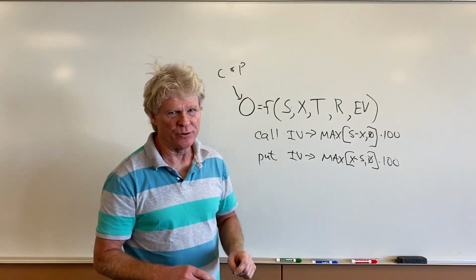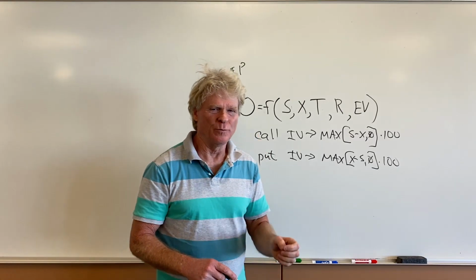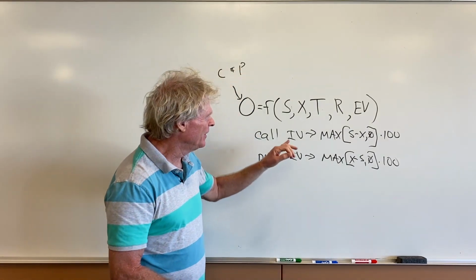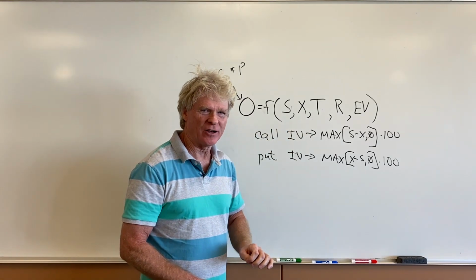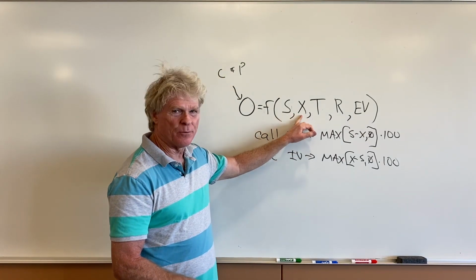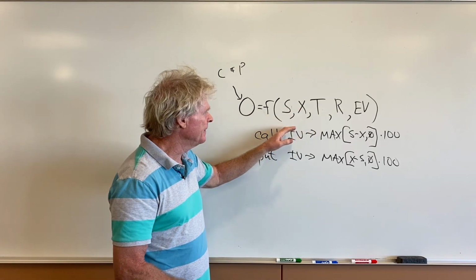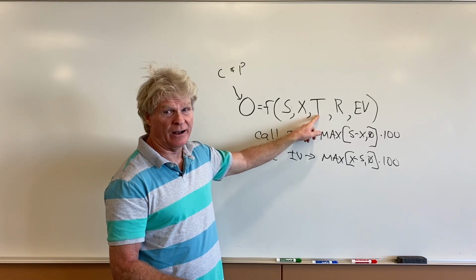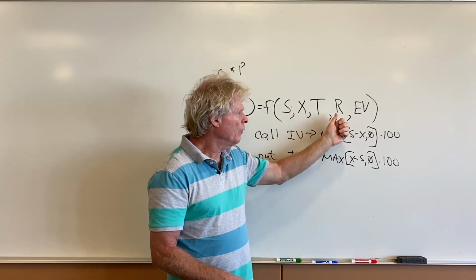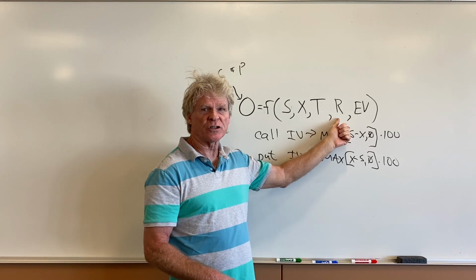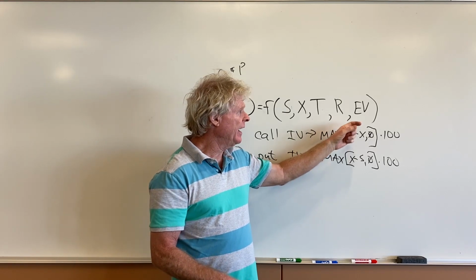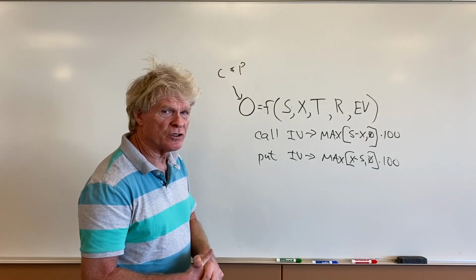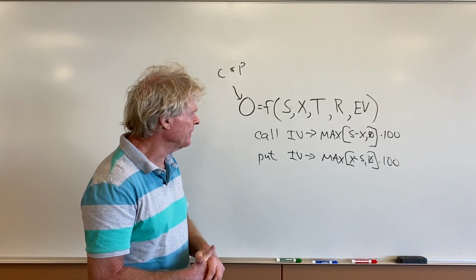I have to have a little asterisk here and say, well, assuming there are no stock splits or stock dividends, we'll talk about that later, but in the absence of stock splits and stock dividends, the strike price is a fixed known commodity. But stock price changes, time to expiration is constantly changing as time ticks away. The market risk-free rate of interest is changing, and expected volatility assumptions may very well be changing.